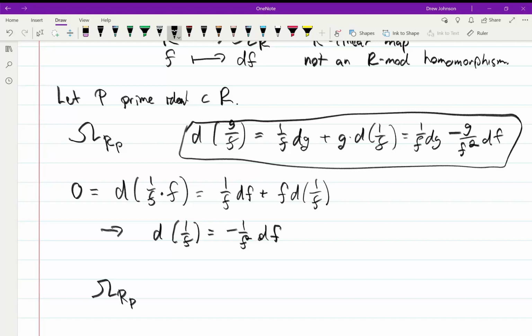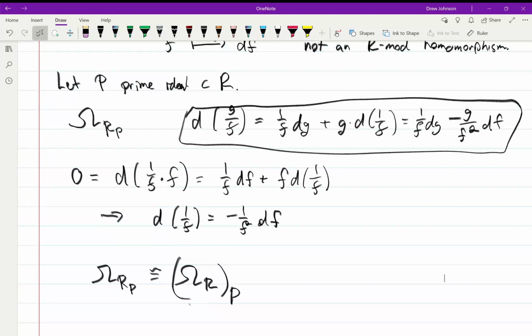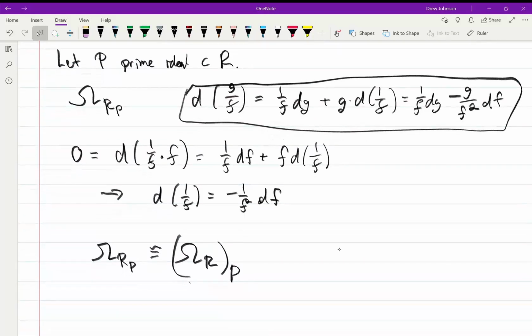All right, so this is isomorphic to our localized at P. Just to sketch that isomorphism, there's clearly a map this way, right? Because any symbol you write down in here will be a valid symbol that you could write down over here. The interesting part is to show that that's surjective because there's things in here like d(f/g).